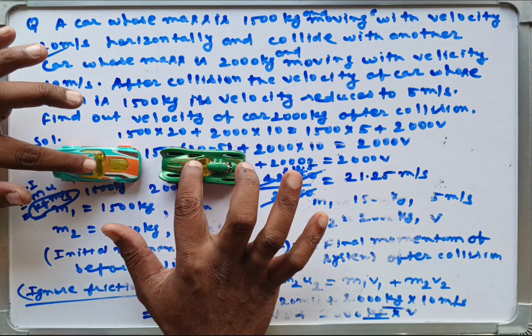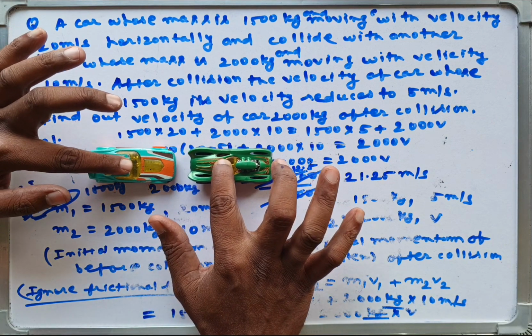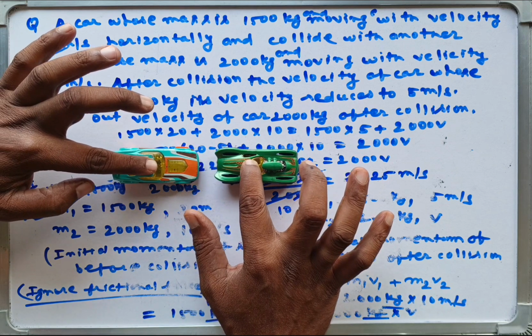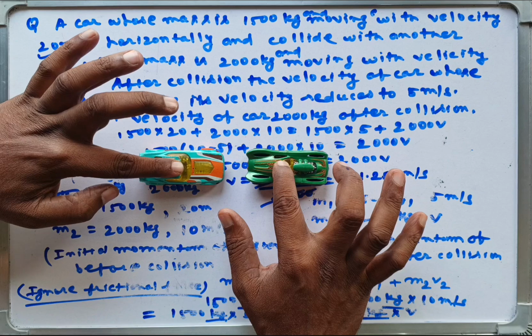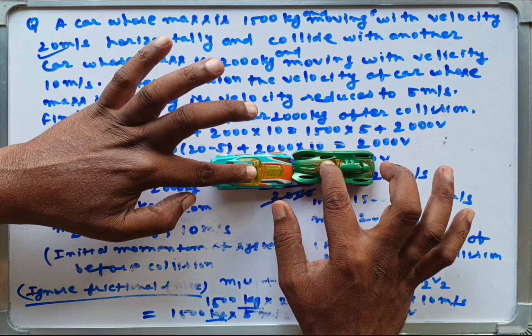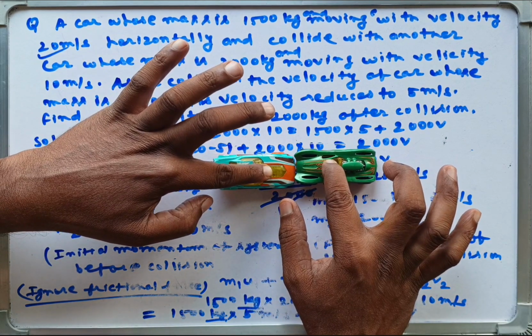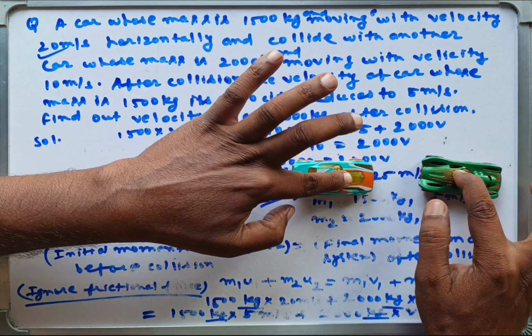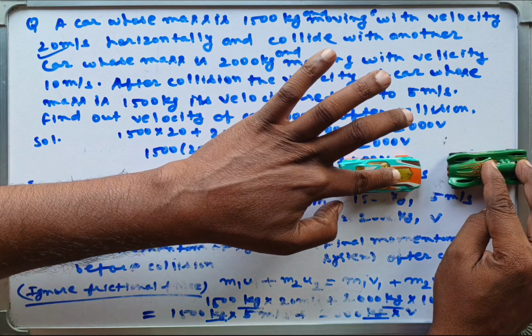The velocity of the first car is more than the second one, so after some time it will push it, or collide. Now see, this is a collision. After collision, this is moving like this, you can see.